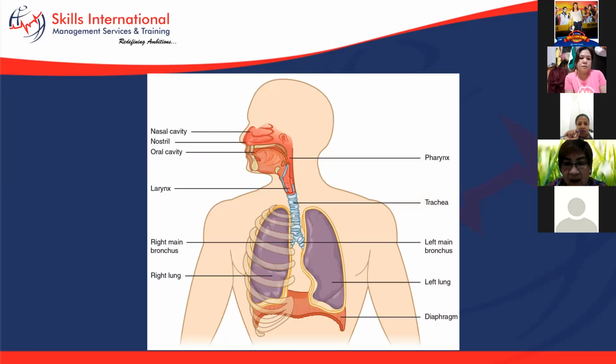So it goes from the oral cavity to the pharynx, to the larynx, to the trachea. This long tube is called the trachea, where the air passes through, going to the left and the right bronchus and the right and left lungs. So we also have the right and the left here.